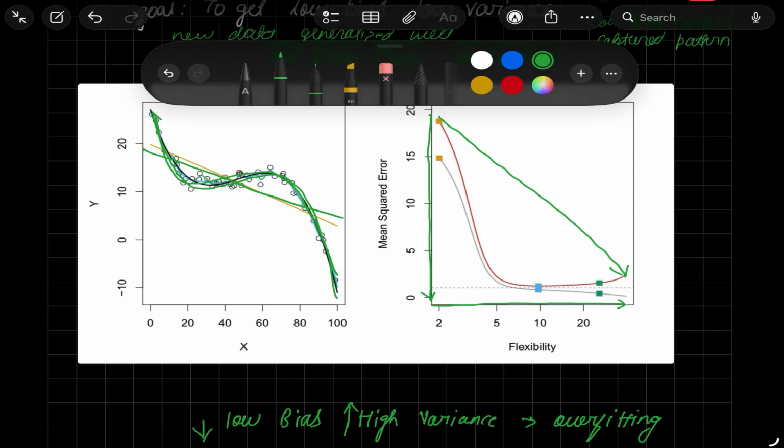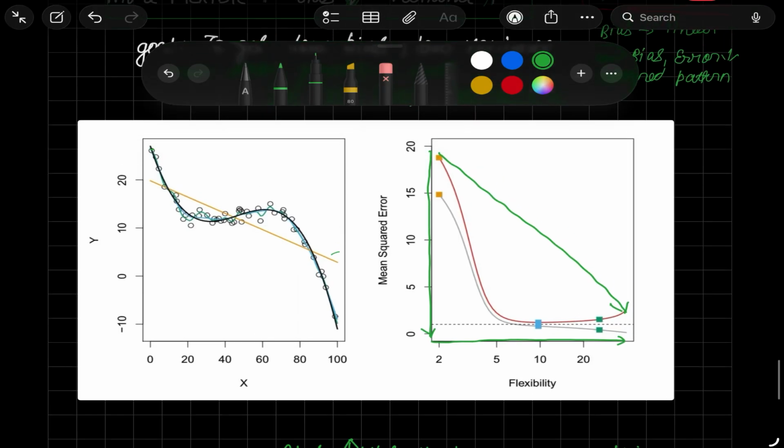And still, the yellow model, which is the linear model, is not performing very well. The test error is very high and the train error is also very high because it has not captured the pattern.